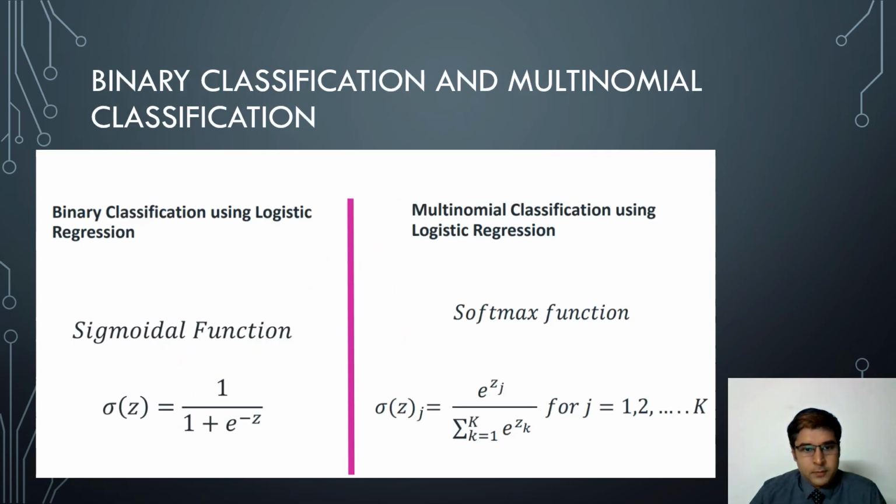Binary classification and multinomial classification are shown in this slide. For binary classification using logistic regression, we use the sigmoid function, which is given by this function here. For multinomial classification using logistic regression, we use the softmax function, which is given as this.